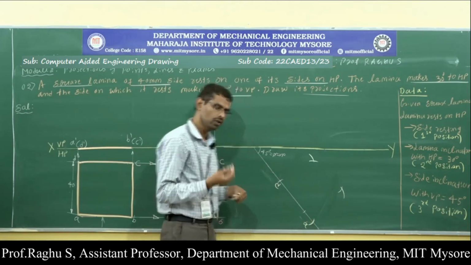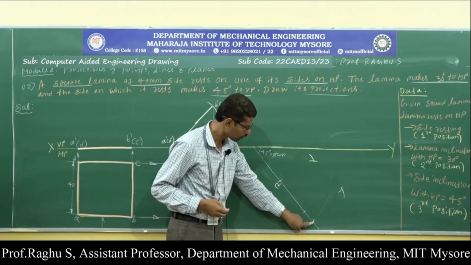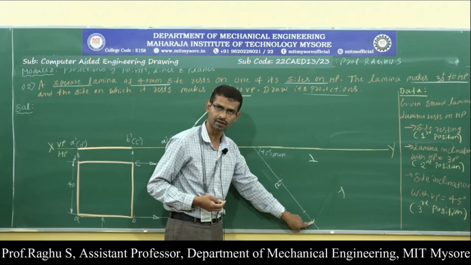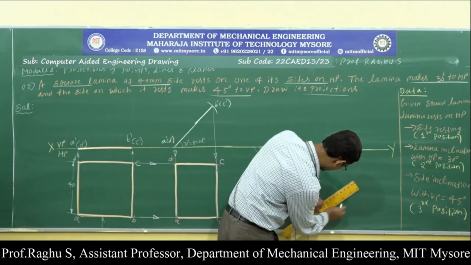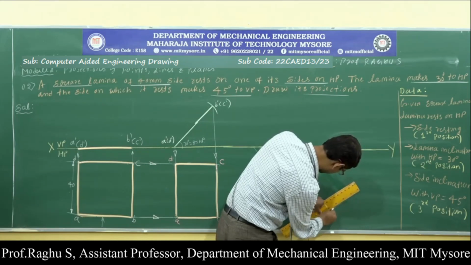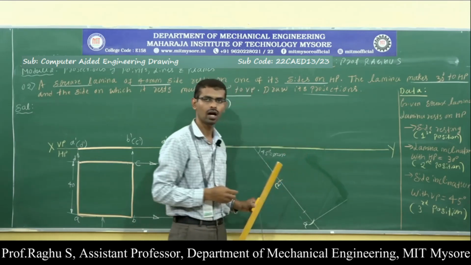After that, you can follow one more procedure. From point A we can draw a 90 degree line, using a protractor. Next, from point D also, take a 90 degree line and draw.